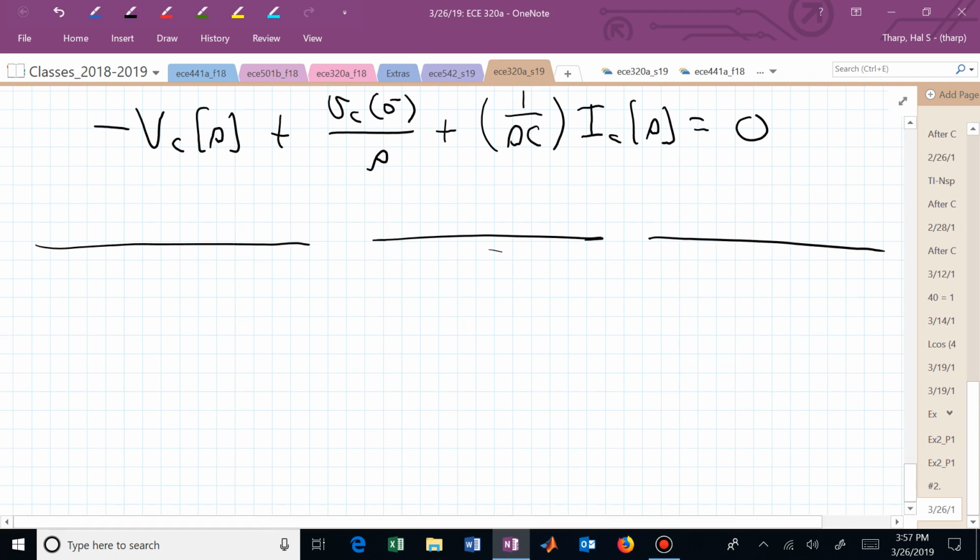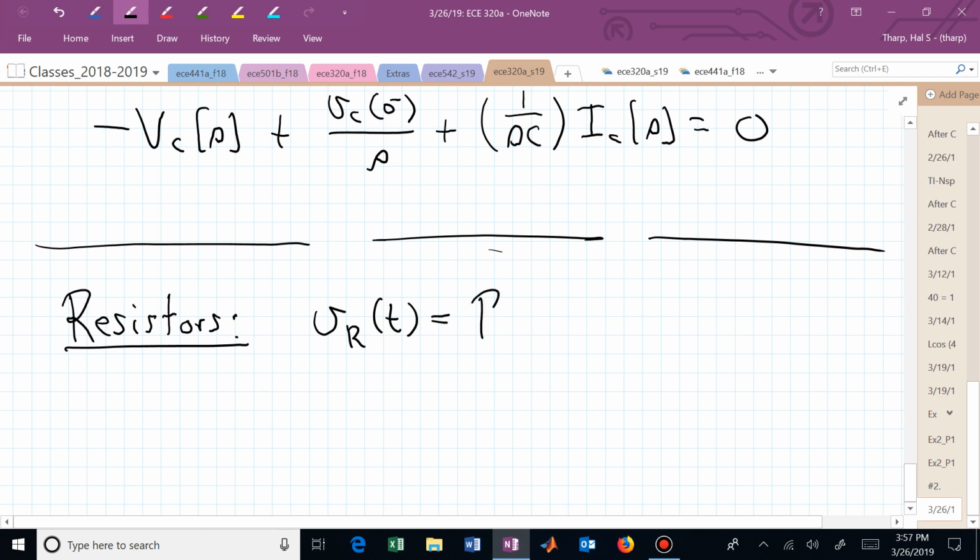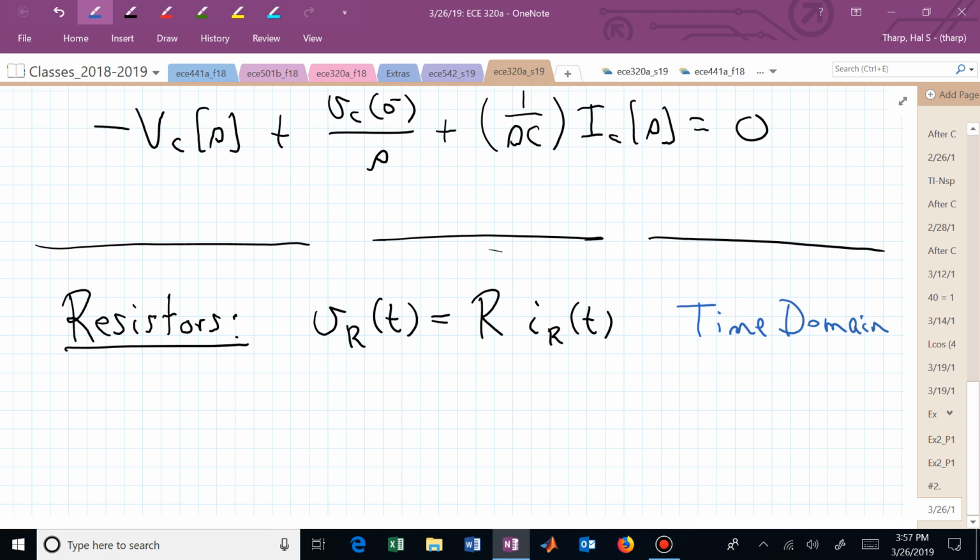What about a resistor? We have Ohm's law, which looks just like V is equal to Ri in the time domain, where V is a function of time, I is a function of time, the current and the voltage are just proportionally related.